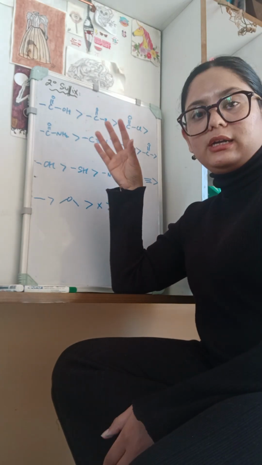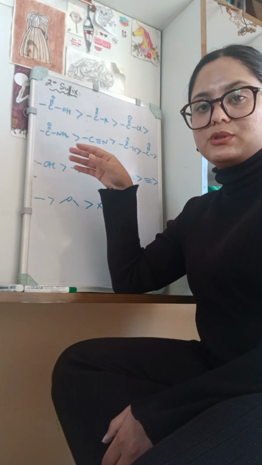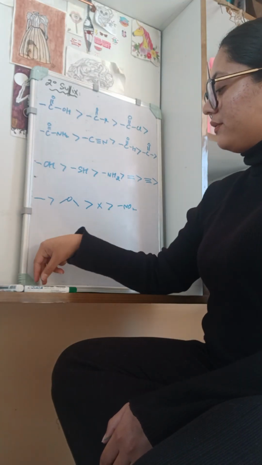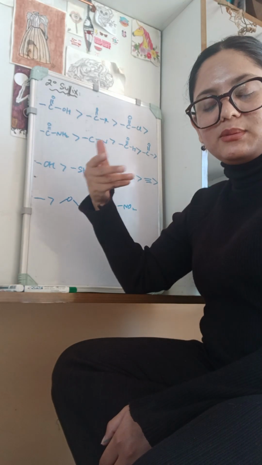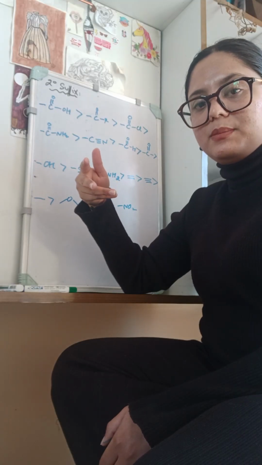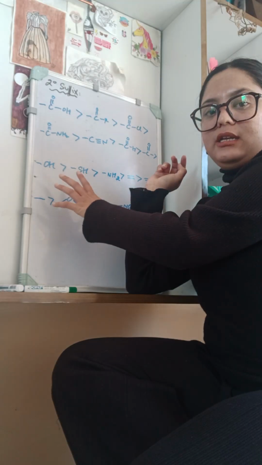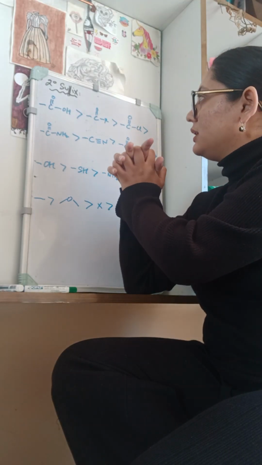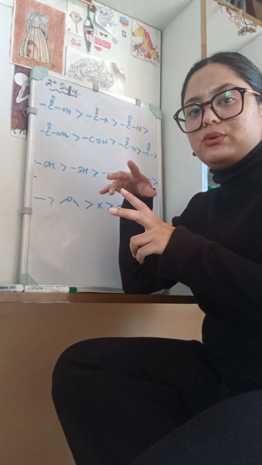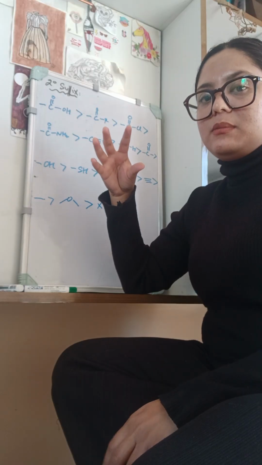These are the priority list of functional groups, which means we can always have multiple functional groups in a compound. The priority list tells us which of the functional groups is going to be the main functional group.